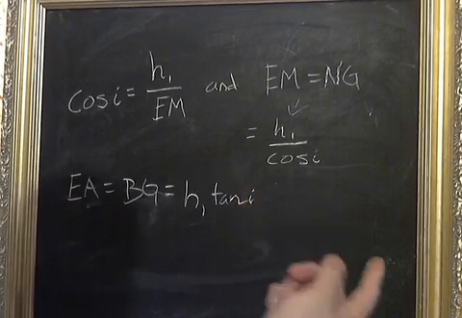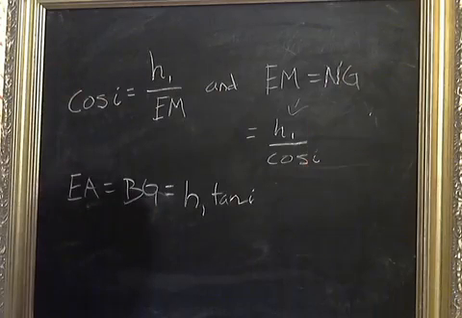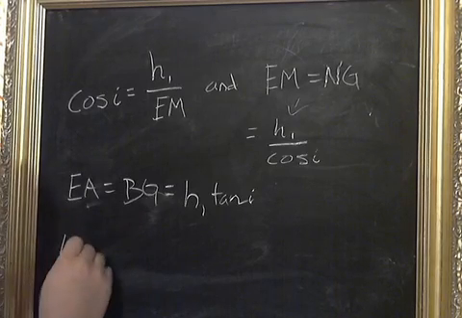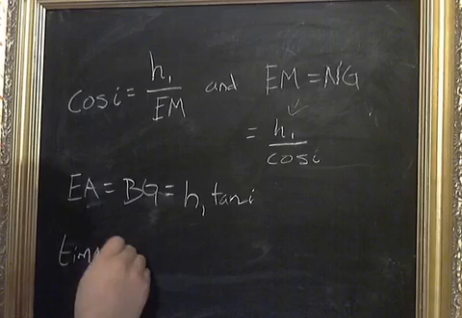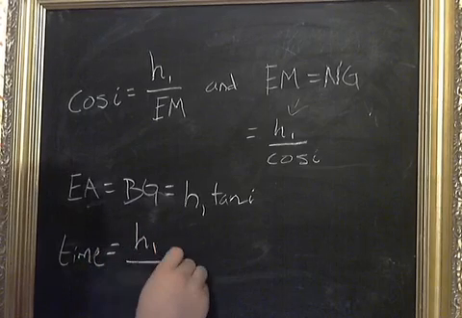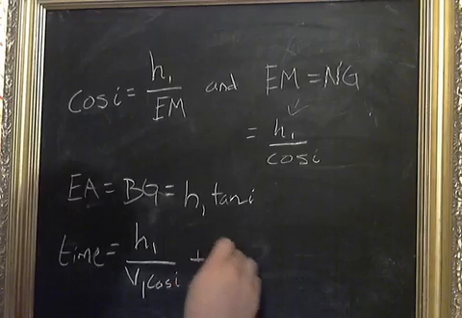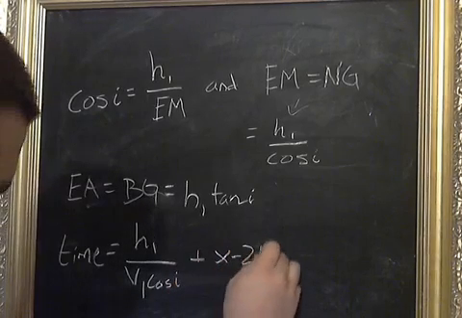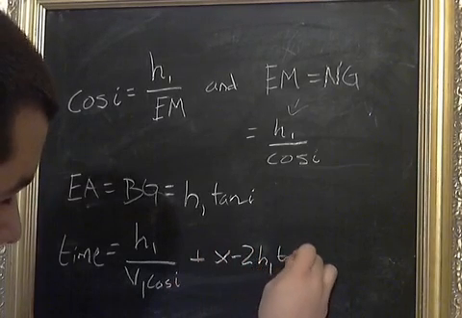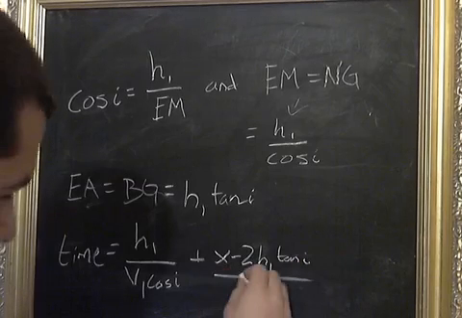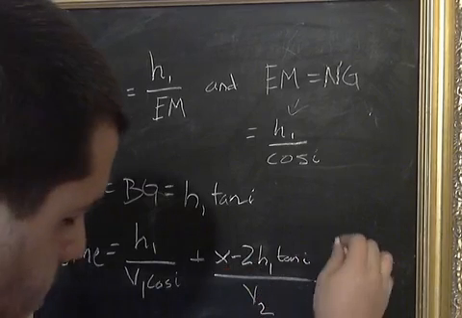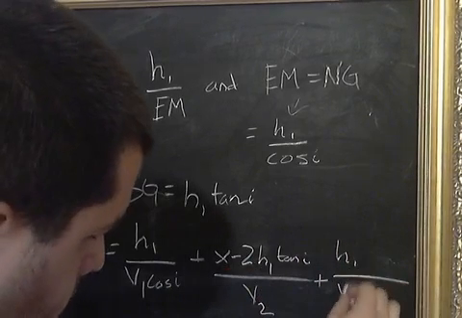And since the length mn is just going to be the total horizontal distance x minus EA plus BG, looking at your diagram, we can say that the total time travel equation is then going to simplify to this form: x minus 2 h1 tangent I divided by v2 plus h1 divided by v1 cosine I.